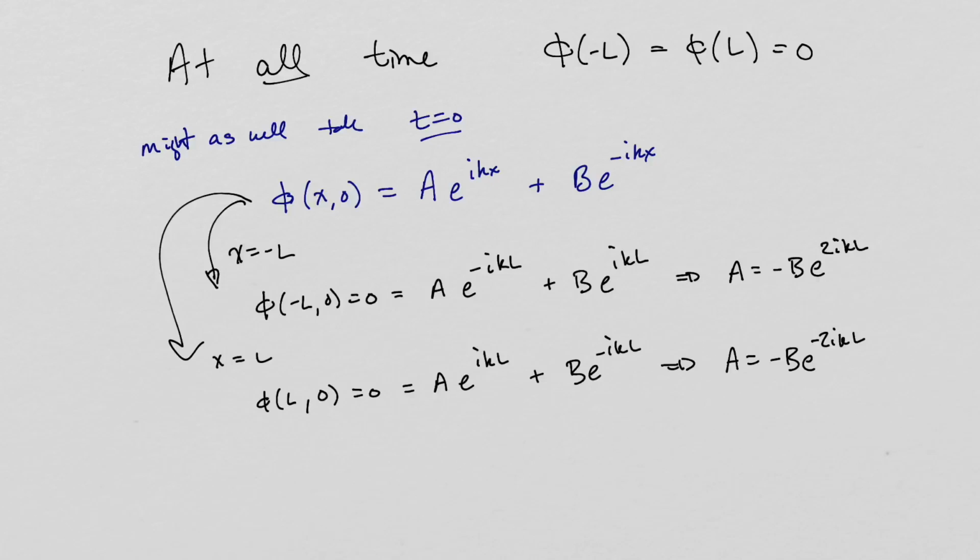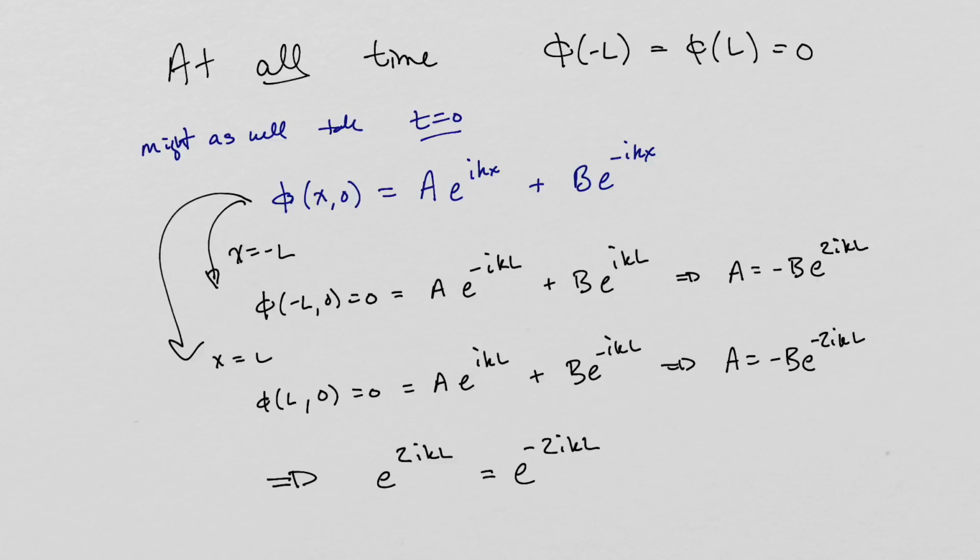So what happens is I could set them equal to each other, but basically I find out that e to the 2ikL has to be equal to e to the minus 2ikL, right? Which can only be satisfied for very particular values of kL.